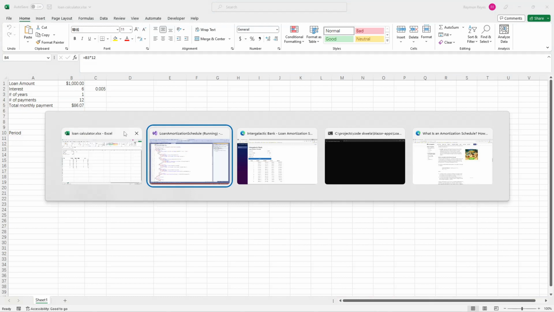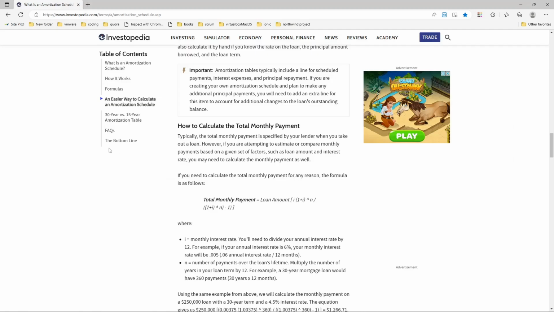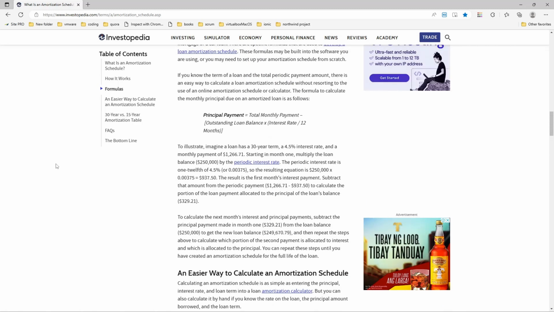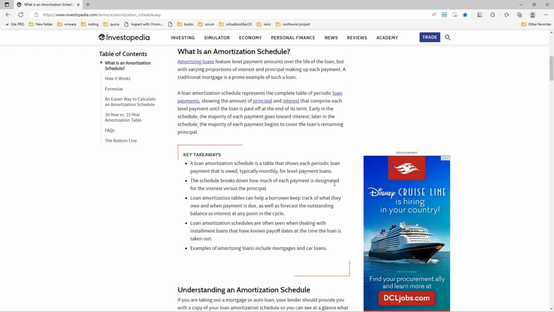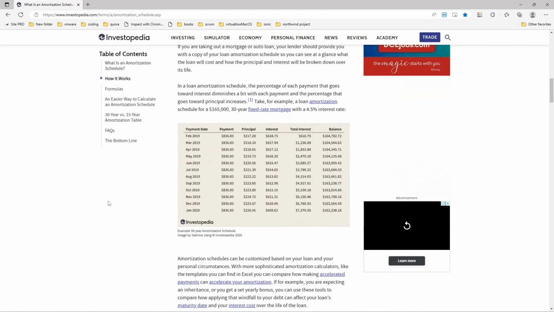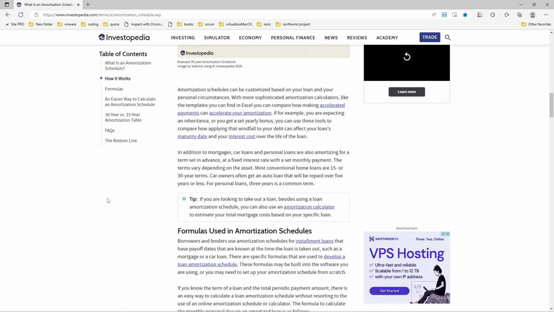For your reference, I mentioned a while ago that if you Google loan amortization, you will be directed to so many resources regarding what a loan amortization is. One example that I find quite helpful is this one from Investopedia. It explains what an amortization schedule is, and the formulas that are necessary for you to compute each of the terms of your amortization.